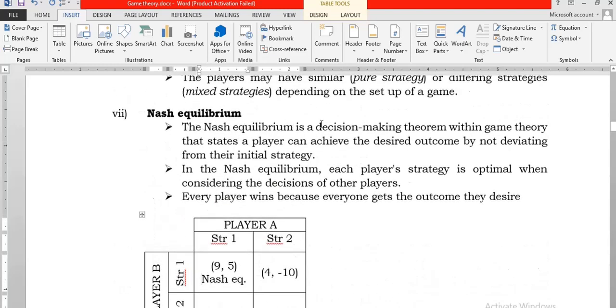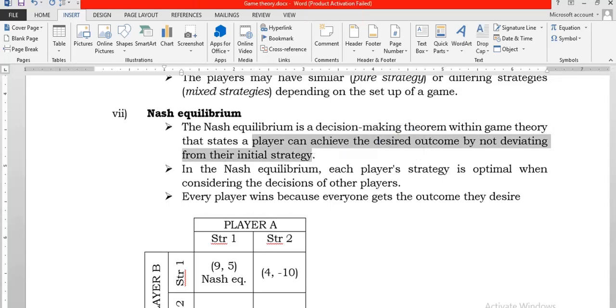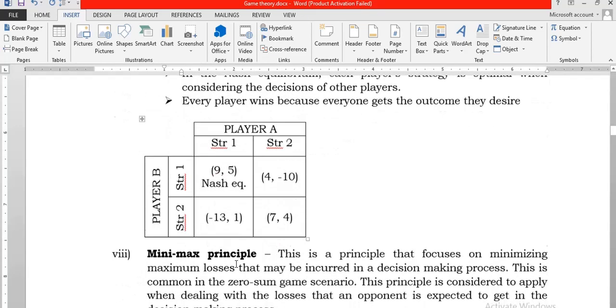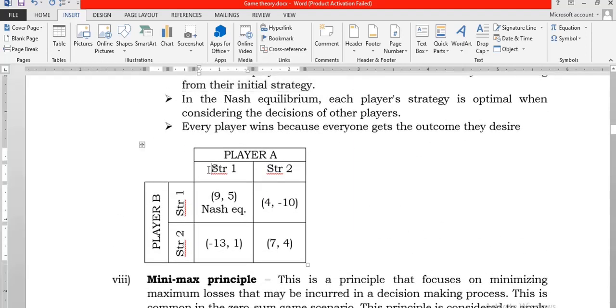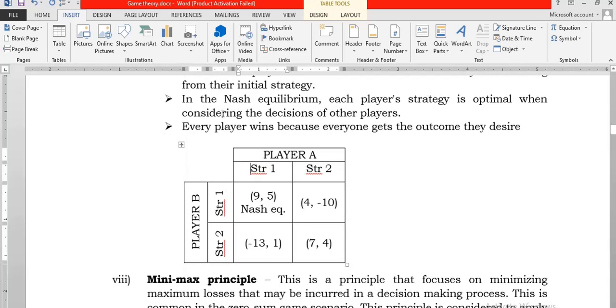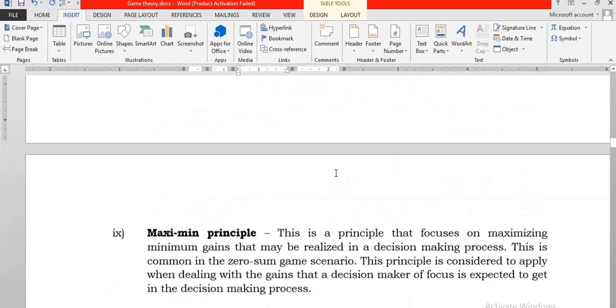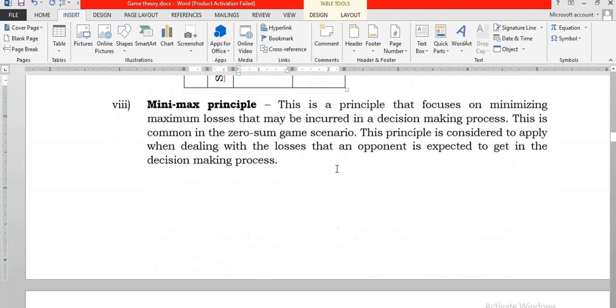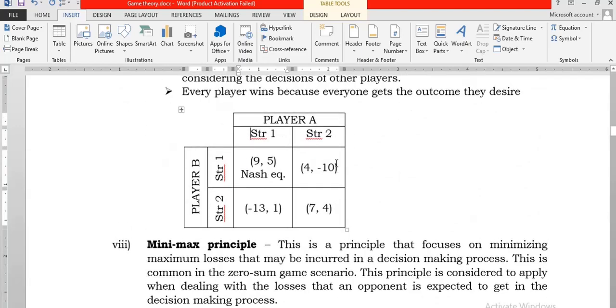Okay, so Nash equilibrium is a decision-making theorem within game theory that states a player can achieve the desired outcome by not deviating from their initial strategy. Not deviating. So the initial strategy is 1, 1, and they're not willing to deviate from that particular strategy because it gives them the maximum possible gains. And any other strategy will lead them to a loss they didn't plan to get. Alright, so that is what we call the Nash equilibrium.